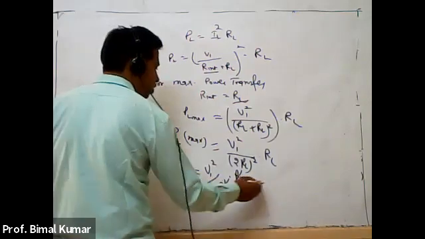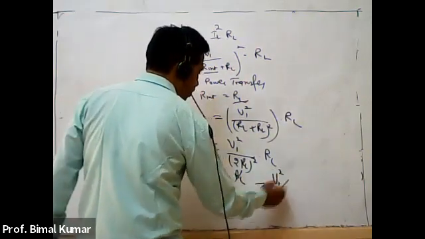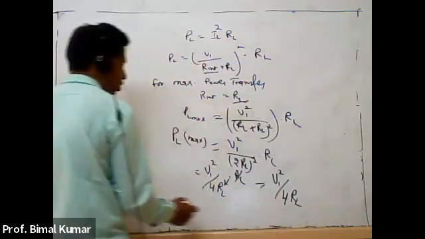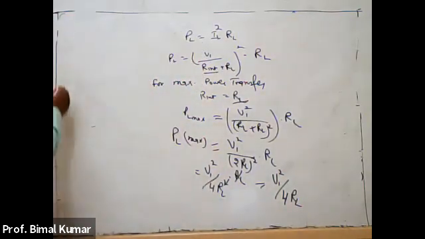So this will become V1 square divided by 4RL square into RL. One RL gets cancelled out. Remaining is V1 square divided by 4RL. So this is the amount of the maximum power.